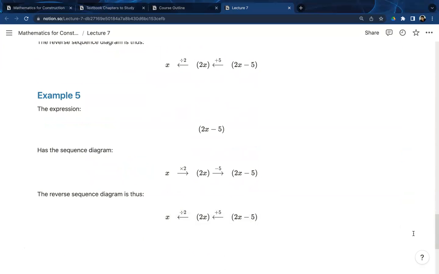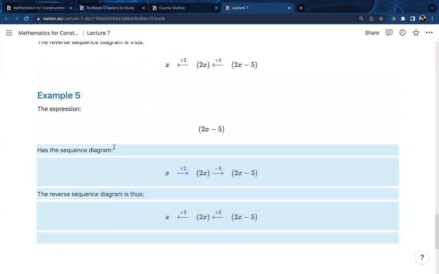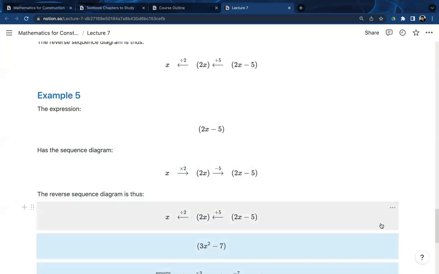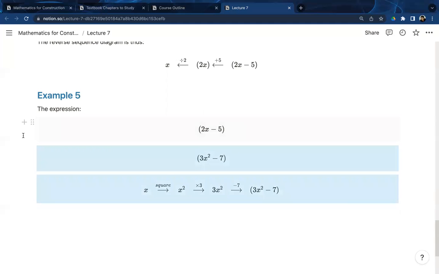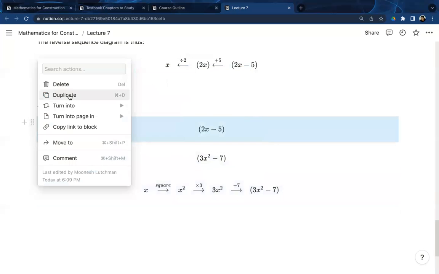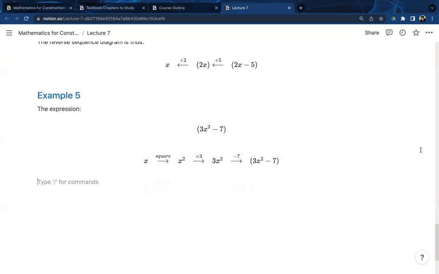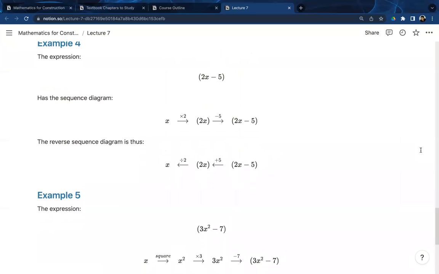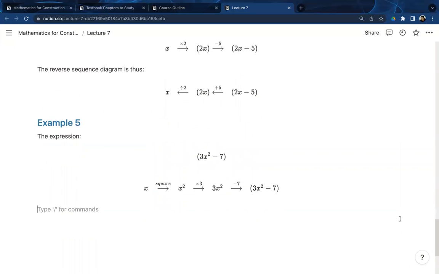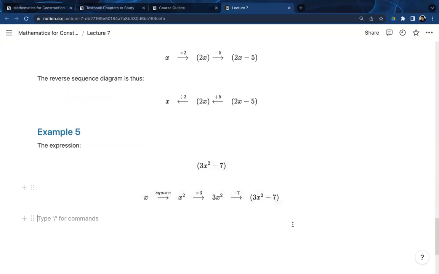I want the sequence diagram and the reverse sequence diagram, okay? This example we did a while ago, right? 3x squared minus 7. This is the sequence diagram. What is the reverse sequence diagram for this?